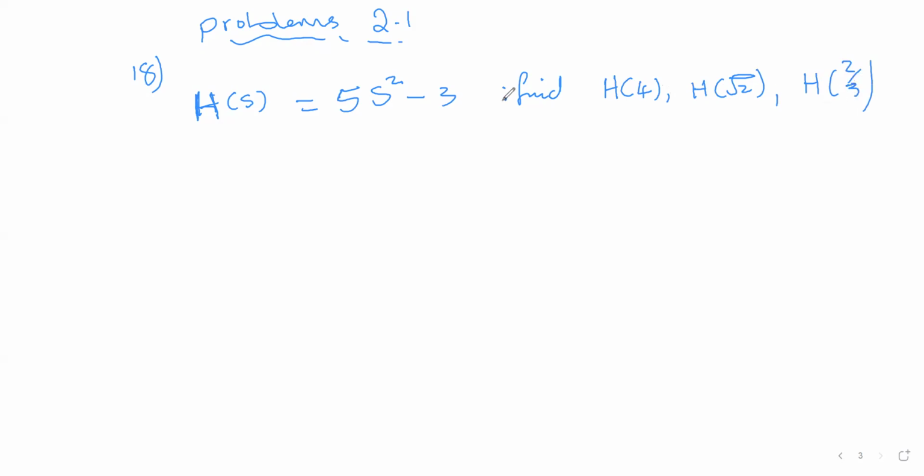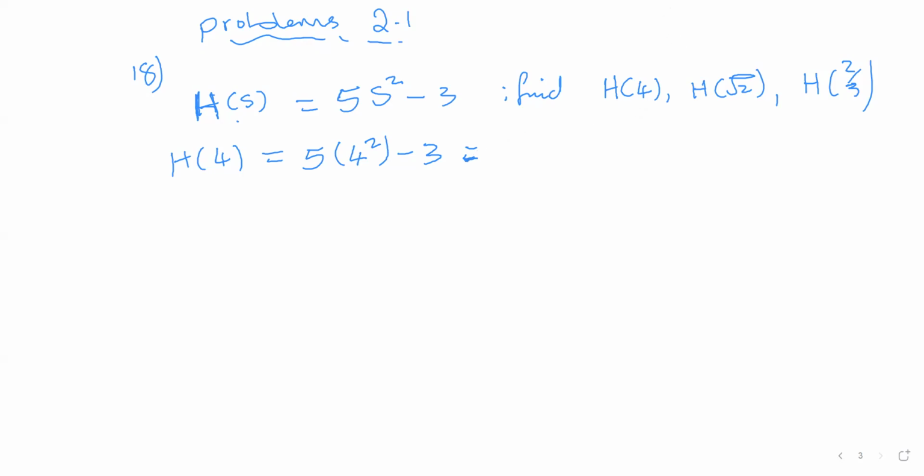Okay, so we do the same thing. If h of s is this guy, h of 4 simply means replace s with 4 in this expression for h of s. So it will be 5 times 4 squared minus 3, which is 5 times 16.